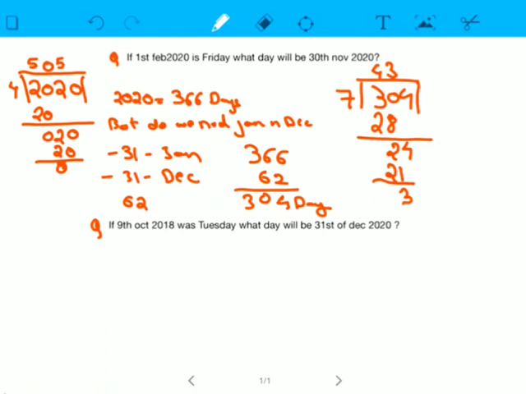So we need to add 4 more days, because 4 plus 3 will make 7.